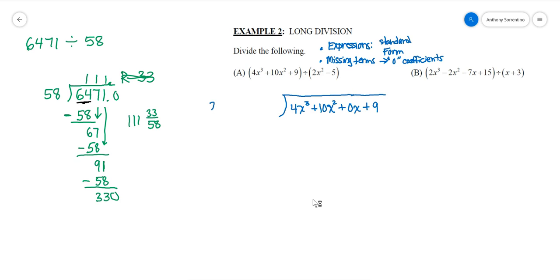Out here I have 2x squared. I don't have an x term, but I have a minus 5. So I write it the same way, and if there's any missing terms, I put 0 coefficients in their place. I know since there's 3 terms out here, I'm going to be going 3 terms at a time.